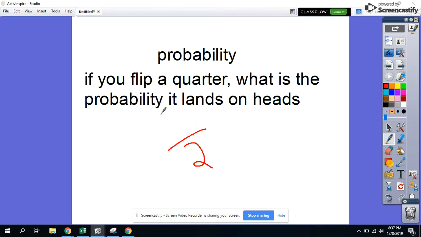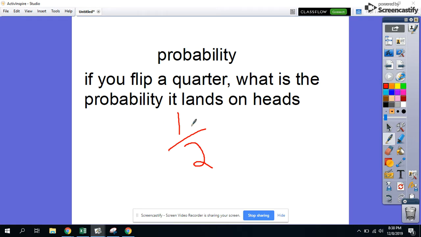And then on top, you write how many possible things fit the scenario. So there's two possible things here, and there's one heads. So there's a 1 out of 2 chance that a quarter will land on heads.